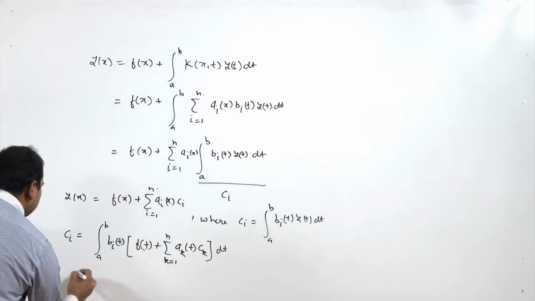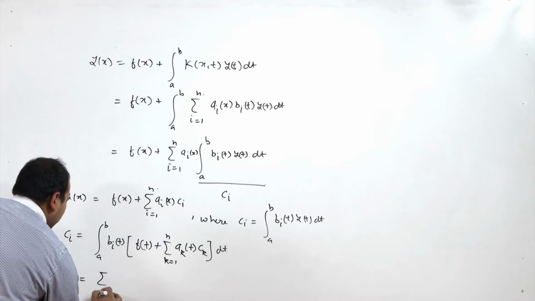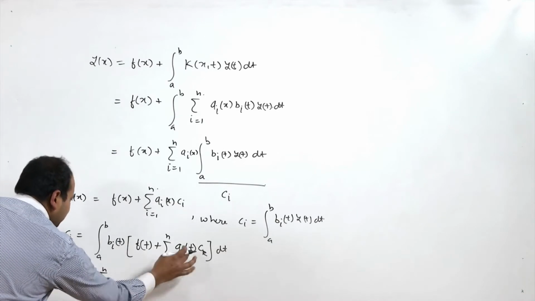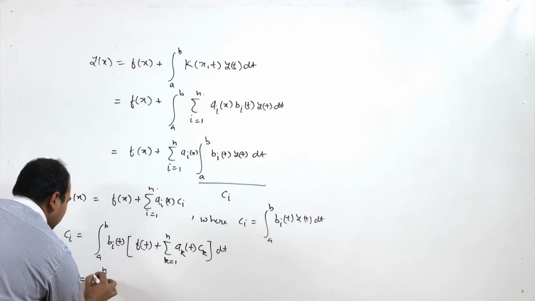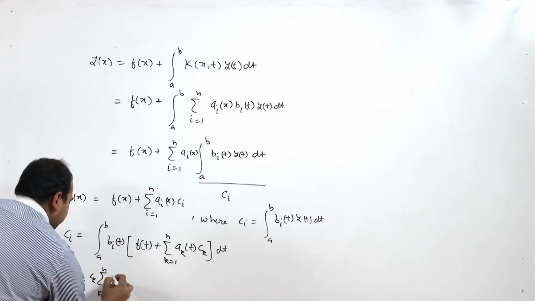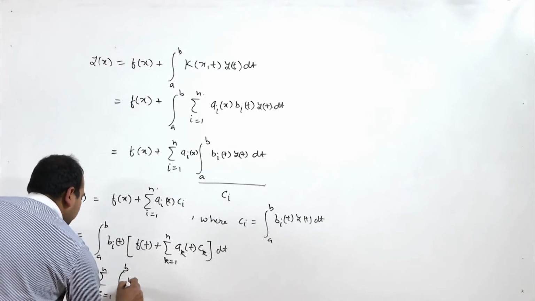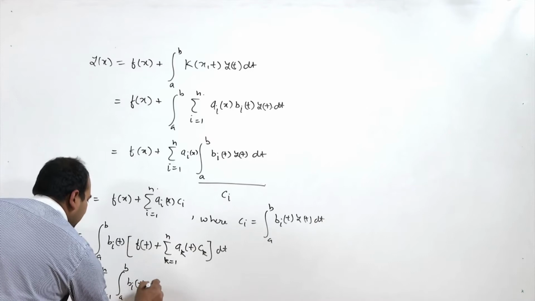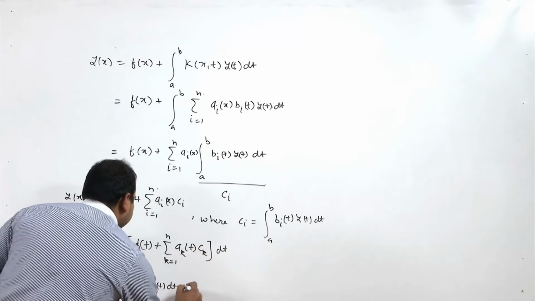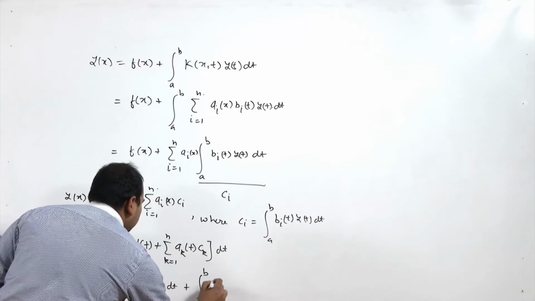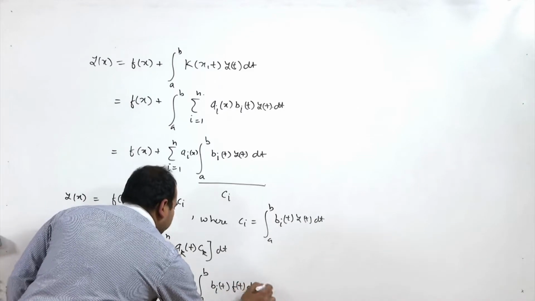If you expand this, you get c_i equal to, with k equal to 1 to n, c_k times the integral from a to b of b_i(t) a_k(t) dt, plus the integral from a to b of b_i(t) f(t) dt.